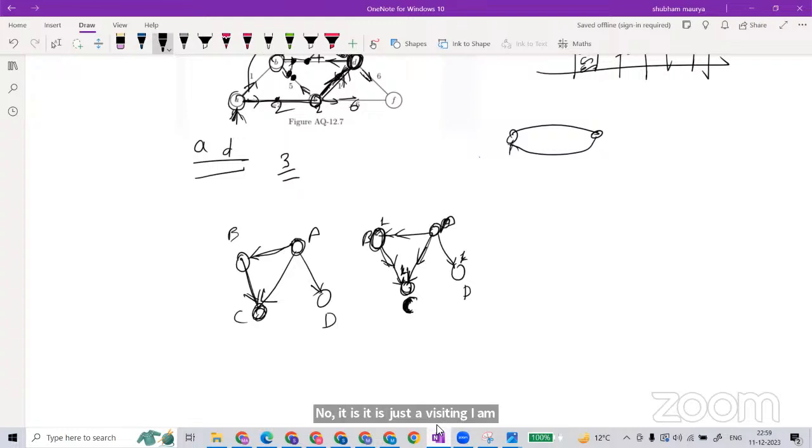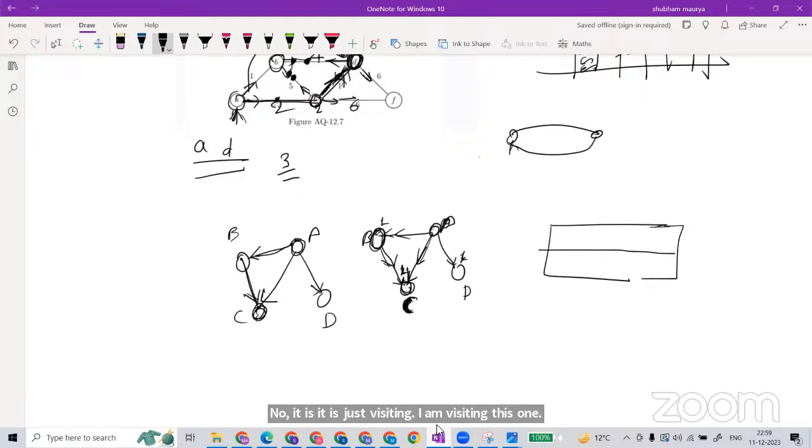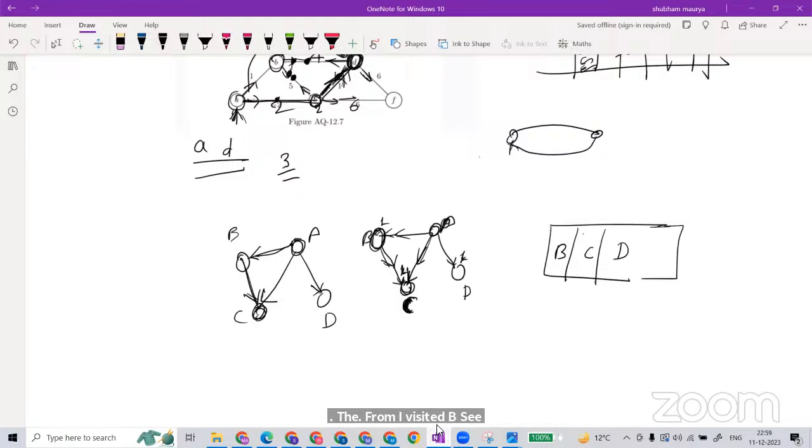Once we form the queue, from A I visited B, C and D. Now once I started exploring B, from B I can visit C. I already visited A and already visited C also.